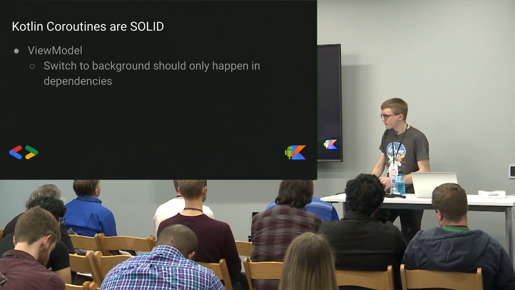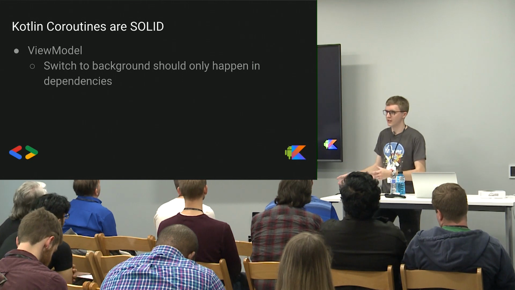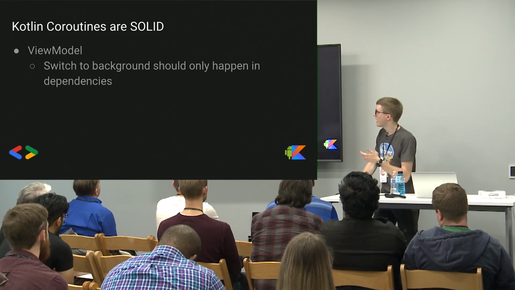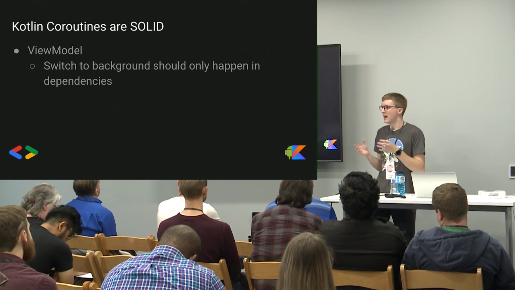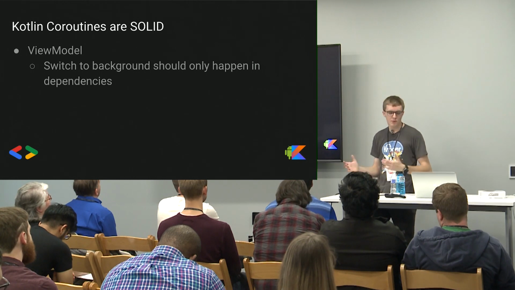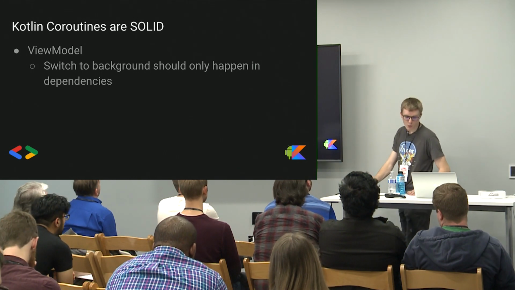And so what we found is that by following this idea of pushing the withContext calls into your dependencies, you are going to have not only cleaner code, but more testable, just easier to read in general. And so, yeah, it really worked out nice.